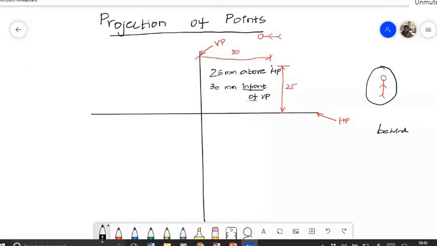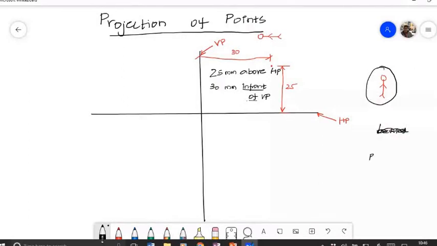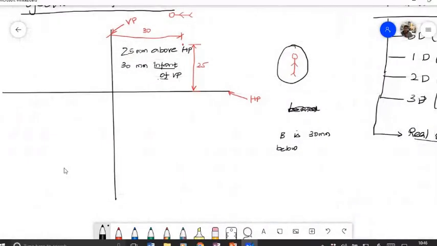If I say one more point, something like this: point B is 30 mm below HP and 25 mm behind VP. In which quadrant is point B?